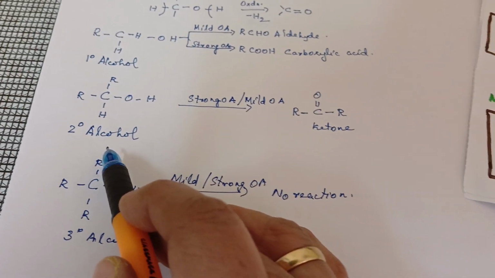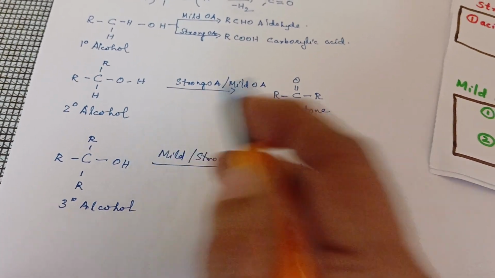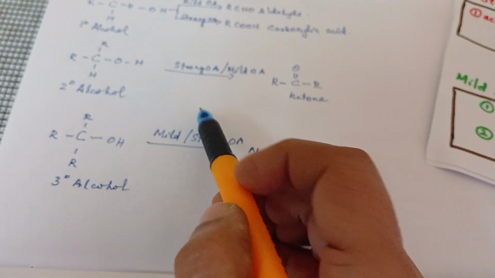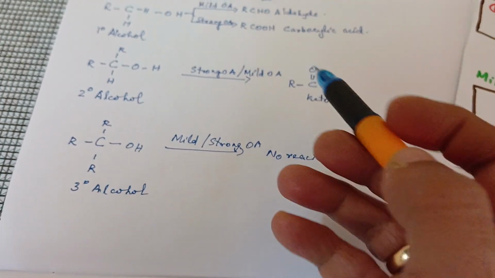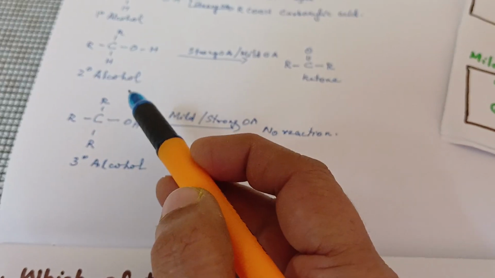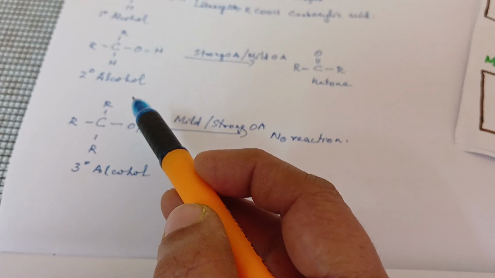When you are using a 2-degree alcohol, or a secondary alcohol. If you use a strong oxidizing agent or a mild oxidizing agent, you will get a ketone if you have a 2-degree alcohol.